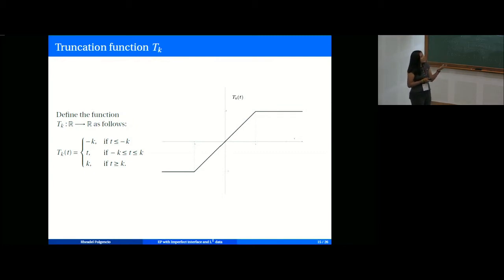This truncation function is important for the renormalized solution framework because since f is in L1, our solution may not be in a Sobolev space or in an Lp space. So using Tk, we can define the gradient and the trace of our solution U.